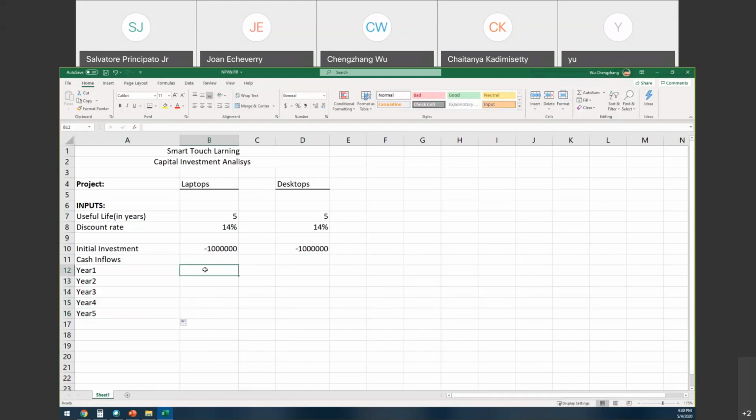For the laptop project, I need to center these two cells and also make them bold. For the laptop project, there is the same amount of cash inflow for the future 5 years. That is 305,450.